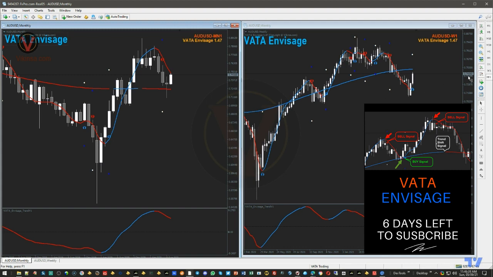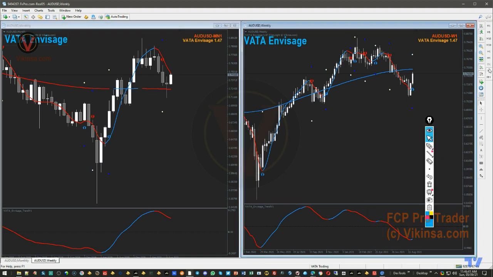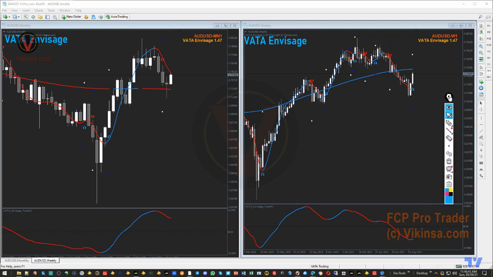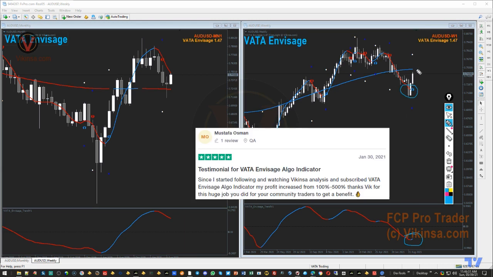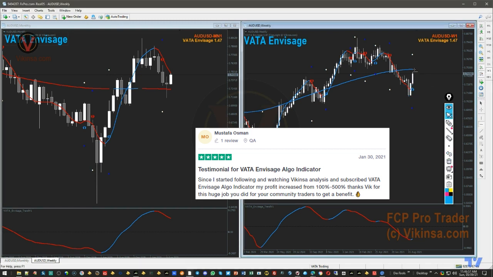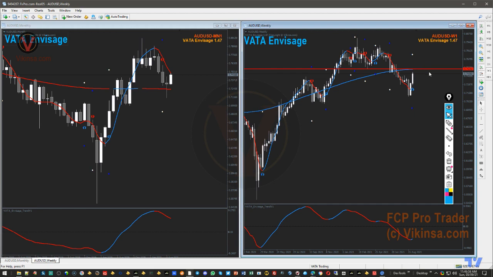Okay, let's go to the weekly time frame. So now this is the weekly time frame. Similar sort of situation as EURUSD. We have a bullish signal here, bullish movement, and it can go all the way to this water curve here. So if I put a line here, it's approximately 0.75212.